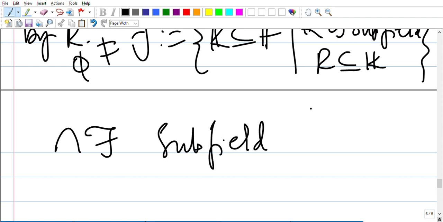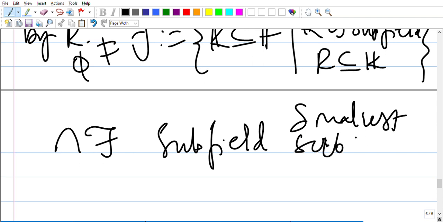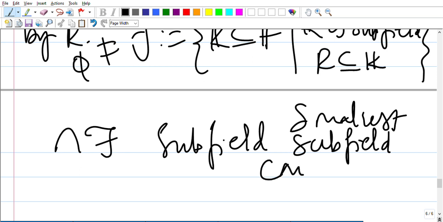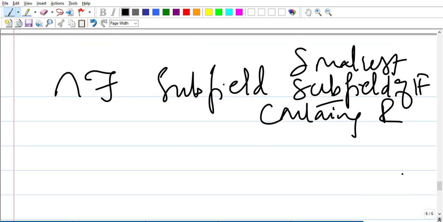In the sense mentioned above, this will be the smallest subfield of F containing R. So let me henceforth define and denote the intersection of elements of F to be K_R.